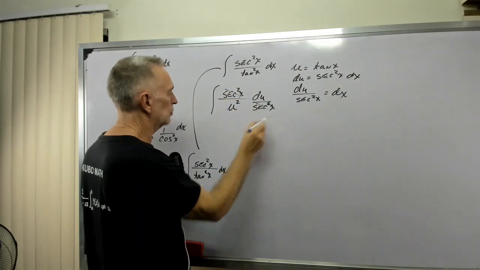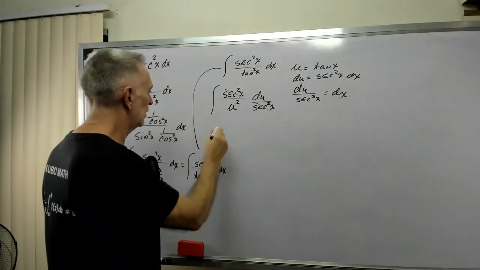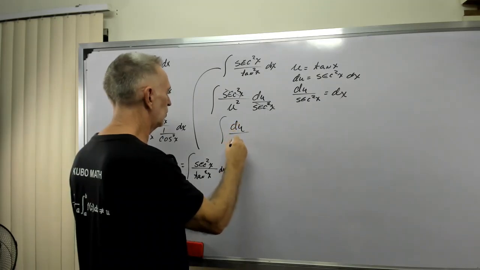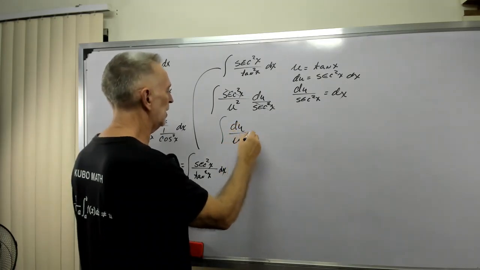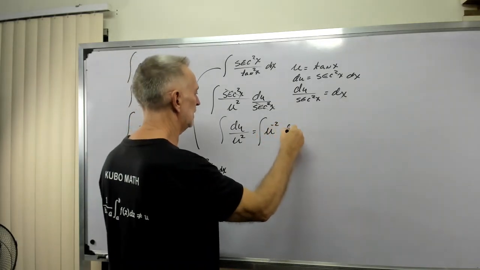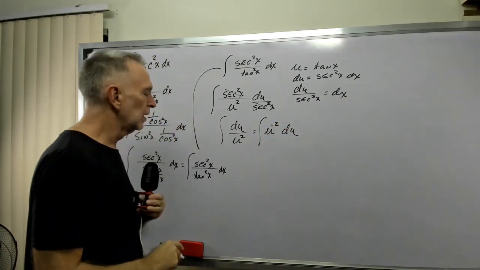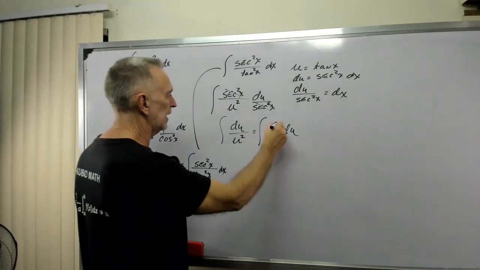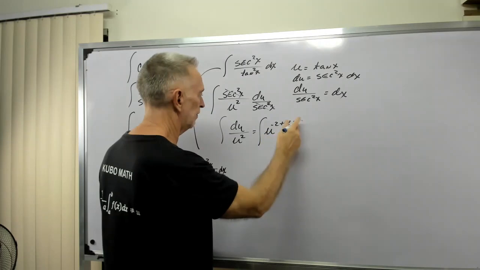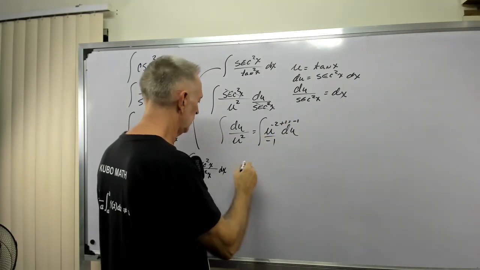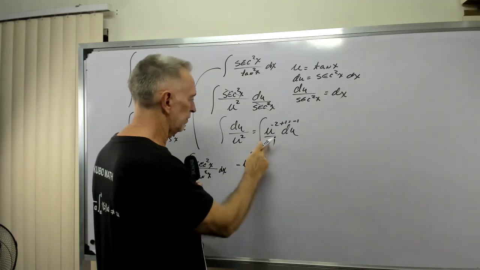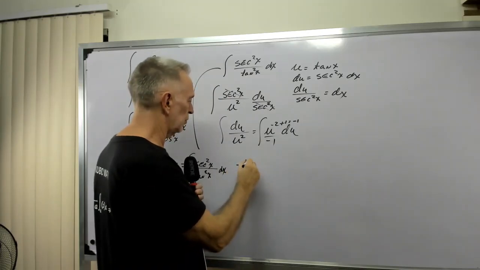So you'll notice the secant squared cancel, and I'm left with the integral of du over u to the second power, or u to the minus 2 du. Okay, I'm integrating, so I need to add 1, and that equals a negative 1. Divide by that negative 1. So I end up with negative u to the minus 1.